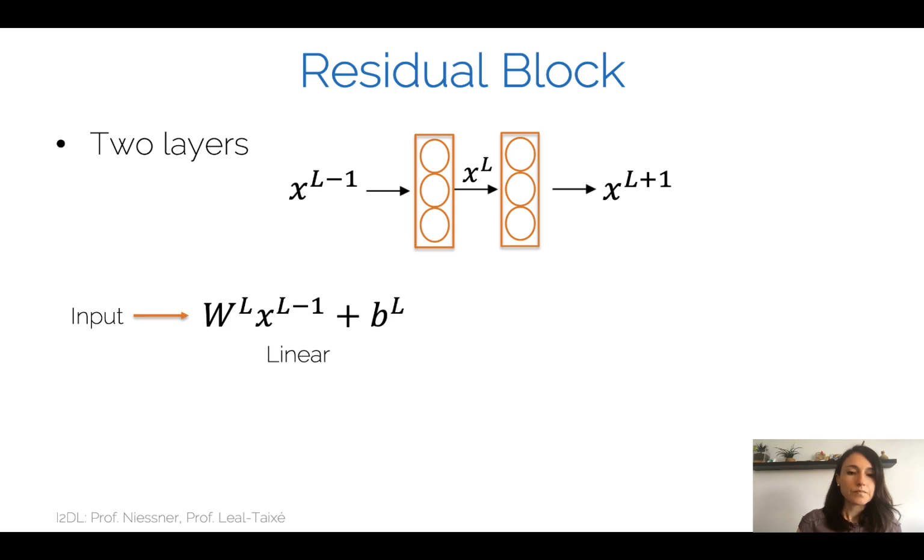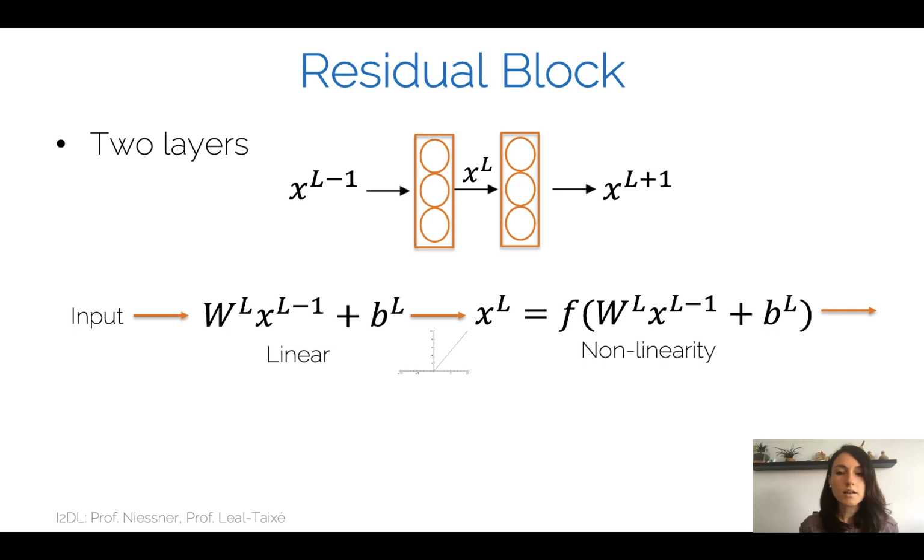And now we can see what happens inside these networks, right? We have all of these operations that are starting by the input at L-1, so the output of L-1, which is being the input of layer L. Therefore, it's multiplied by the weights of layer L, and we also take into account the bias. So this is the operation, the linear operation that happens inside layer L. Then we have a nonlinearity, which is placed on top of that.